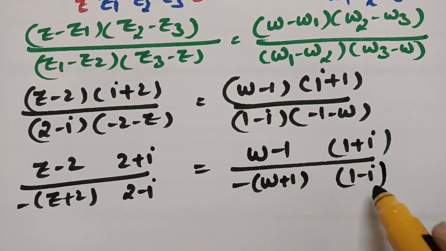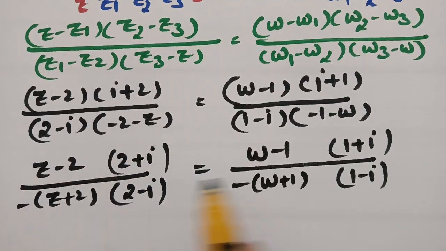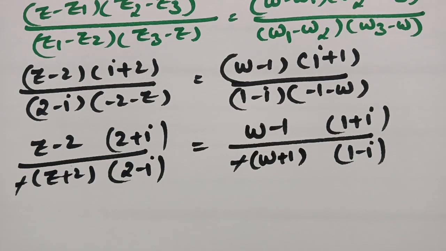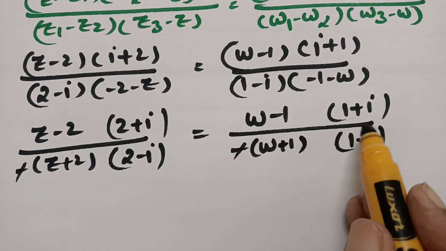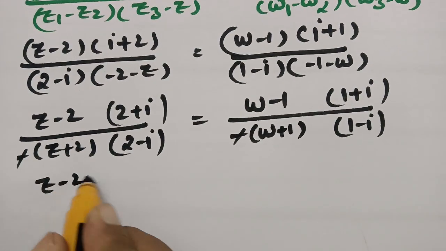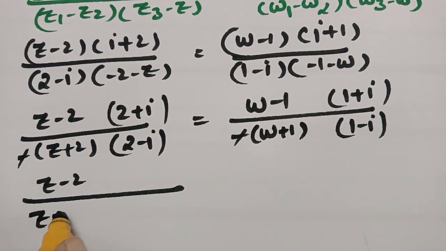Clear? Constants in one place and variables in another. I can cancel the minus on both sides. If I send these constants to the other side, this will be z minus 2 by z plus 2.